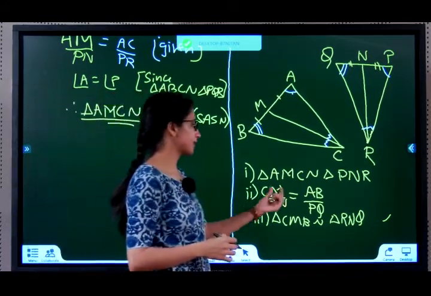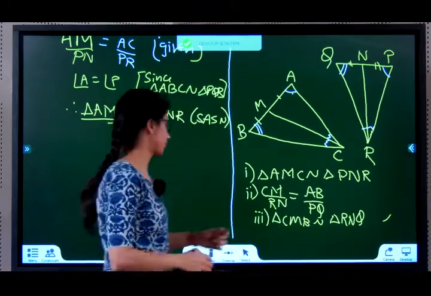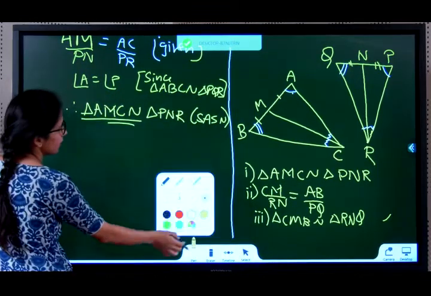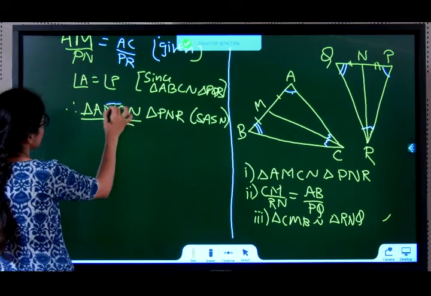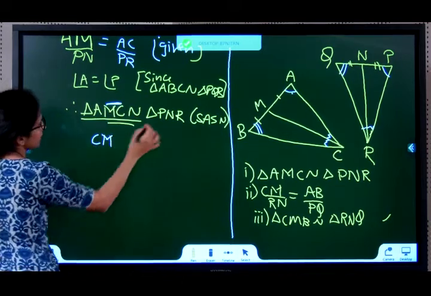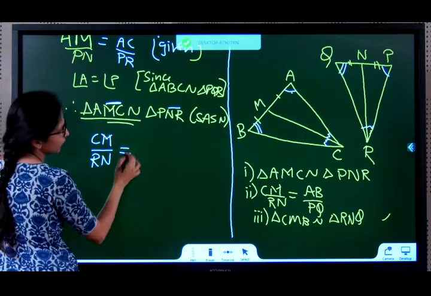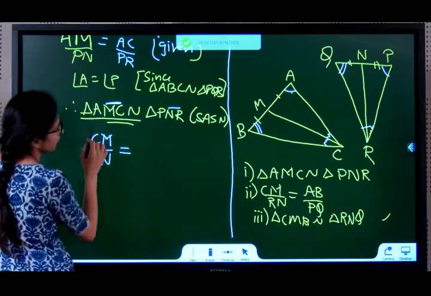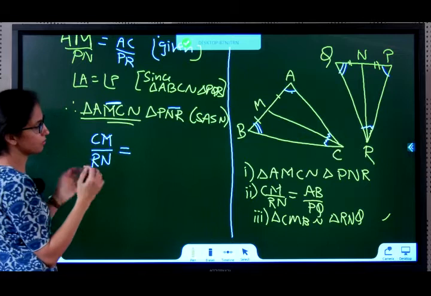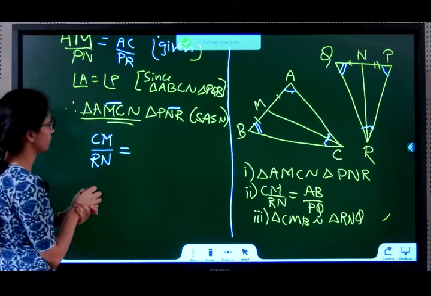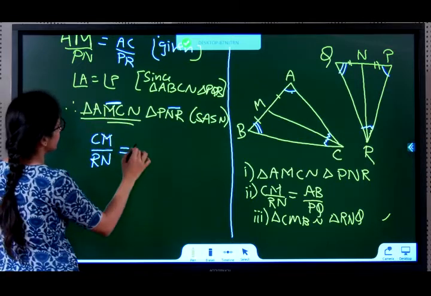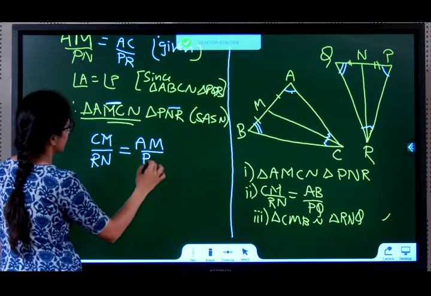Second proof you can see is nothing but the extension of the first proof itself. See here, they want CM. CM means this, CM. If I am taking CM here, I should take an RN here, equal to AB. AB by PQ. Now, how do we get this AB by PQ? So, can I write this is equal to AM by PN?